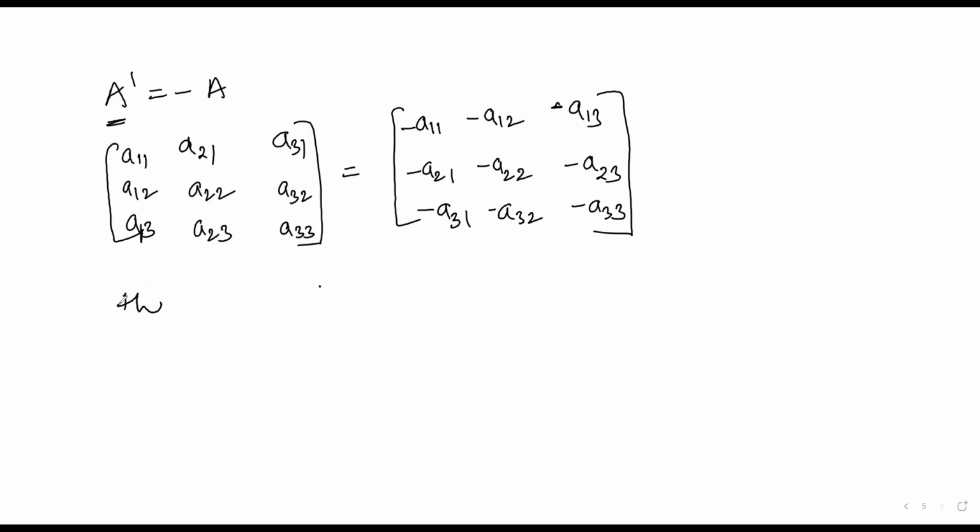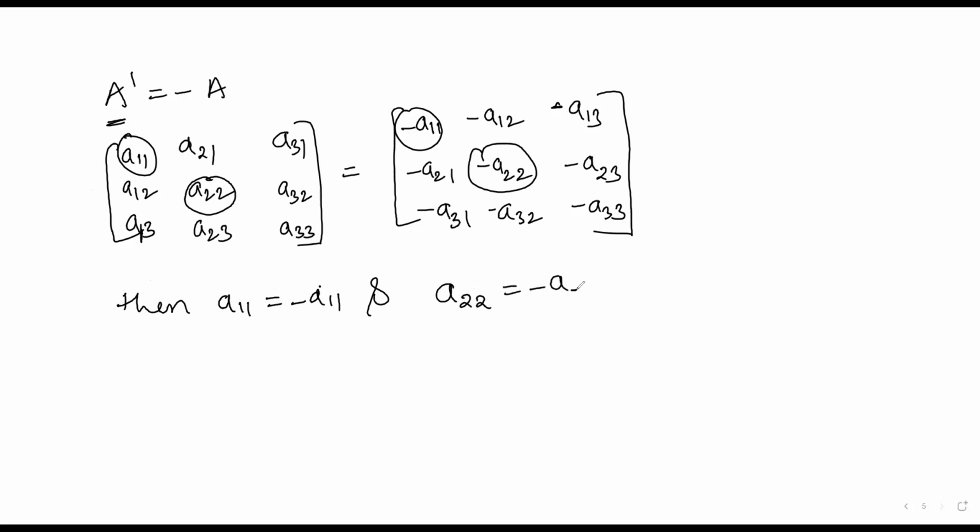Then you know what happens here? A11 equal to minus A11, right? This must be equal to this. Yes or no? And this must be equal to this, A22 equal to minus A22. And similarly the diagonal element A33.